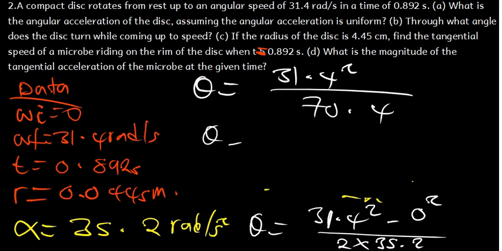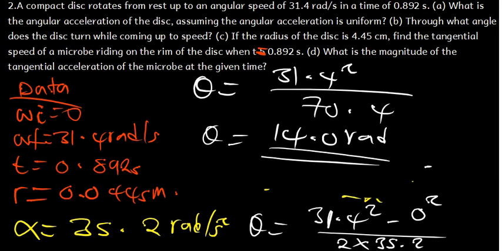So my theta is going to be 31.4 squared divided by 70.4, which gives me 14.0. So 14.0 rad is going to be my angle. In this case they have not specified whether we should put our answer in radians or revolutions, so the answer is always in rad if they have not specified. So that's the answer for part B.